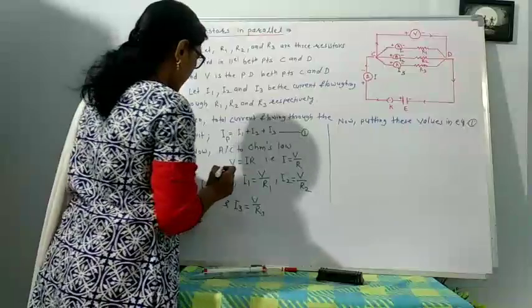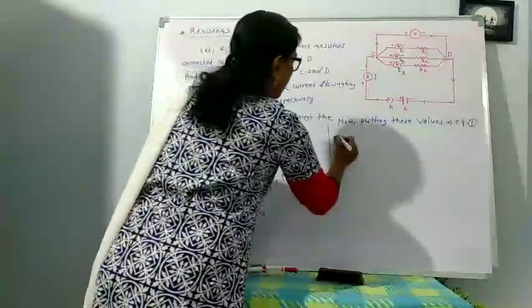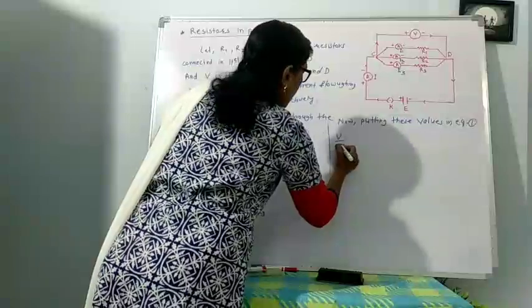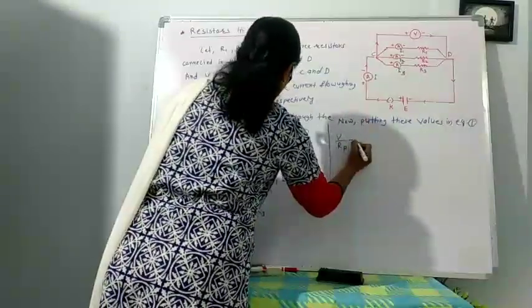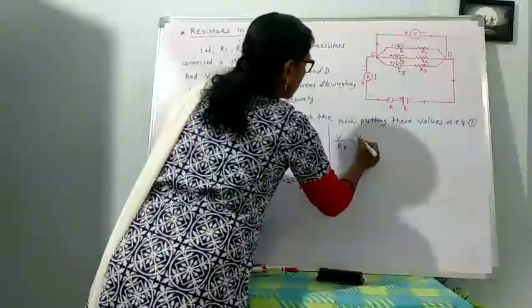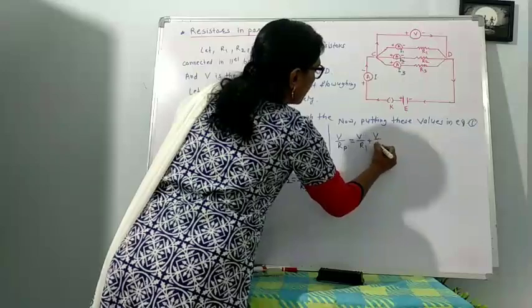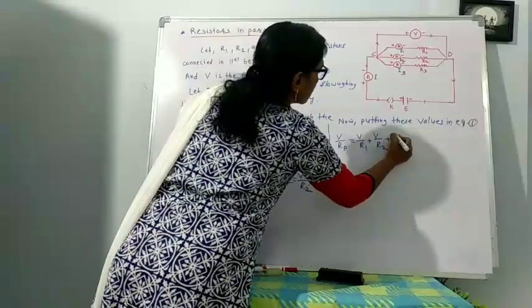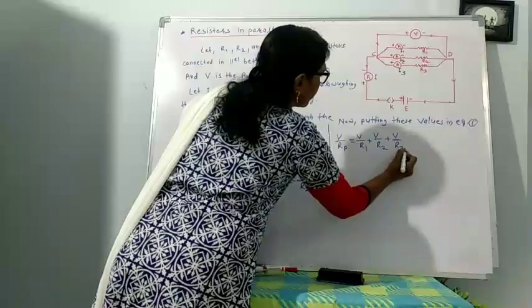This equation, the value of IP is V divided by RP, equal to I1, whose value is V by R1 plus V by R2 plus V by R3.